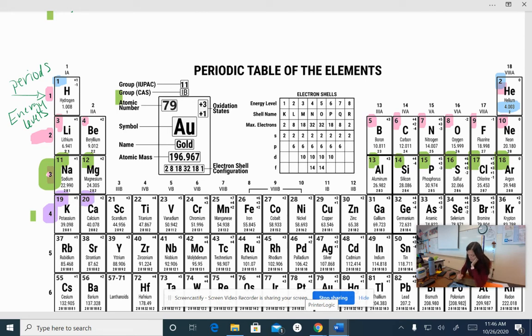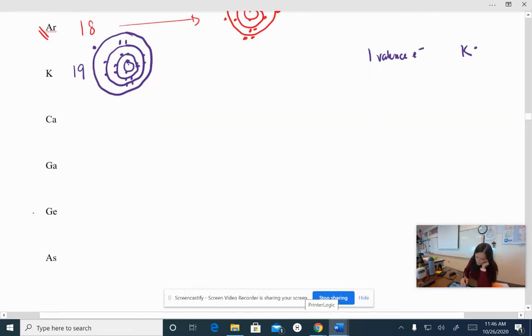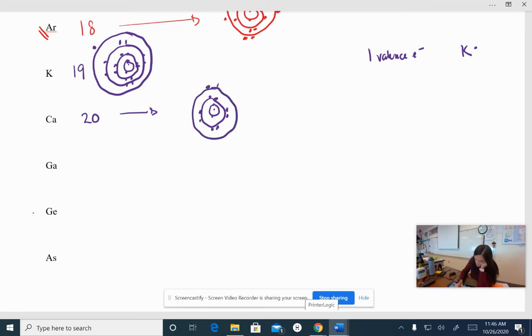Okay, calcium. You've probably seen a pattern here. We've got 20, so we're going to add yet another electron. So calcium, we've got 20. We're going to put our picture right here. 1, 2, 3, 4, 5, 6, 7, 8 for this, 1, 2, 3, 4, 5, 6, 7, 8 for our third energy level.